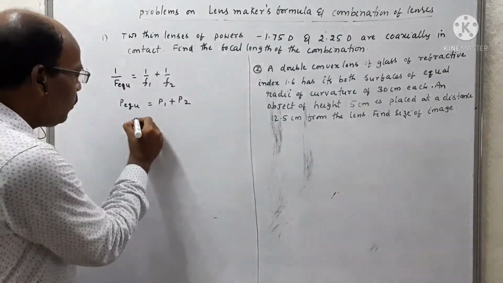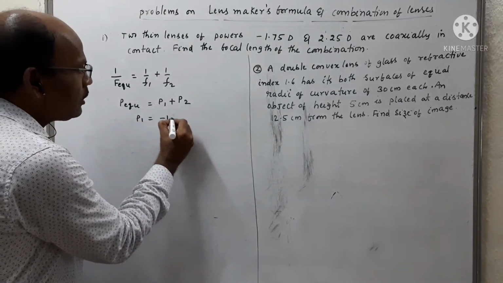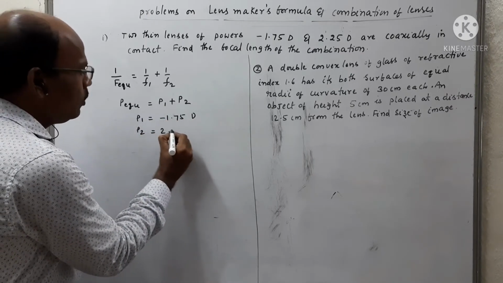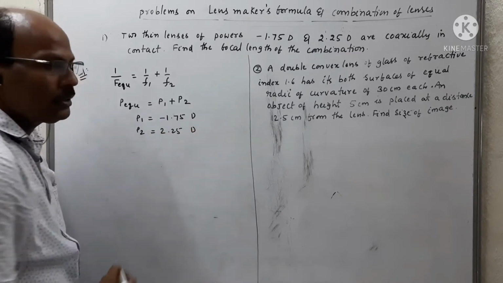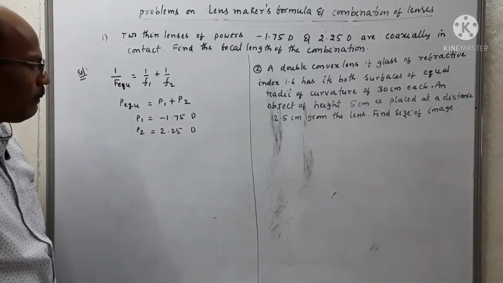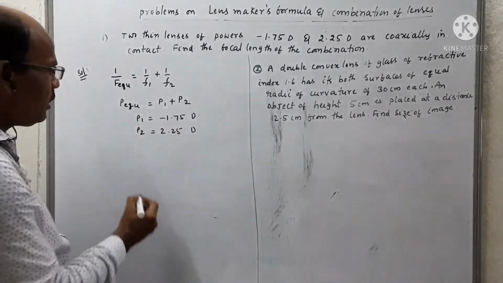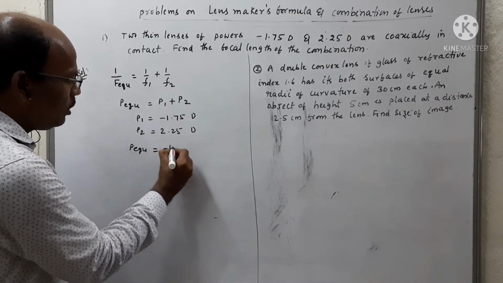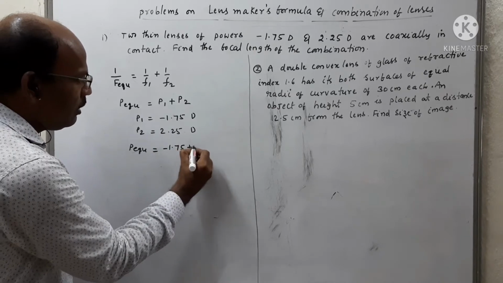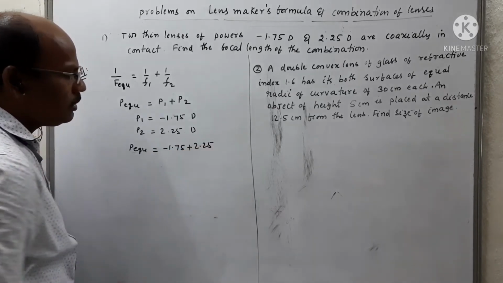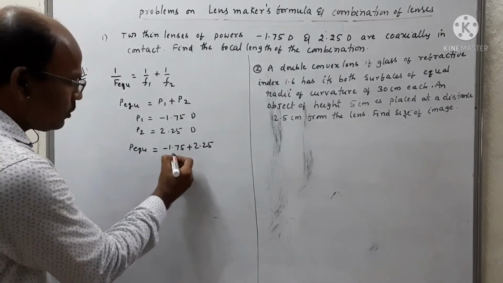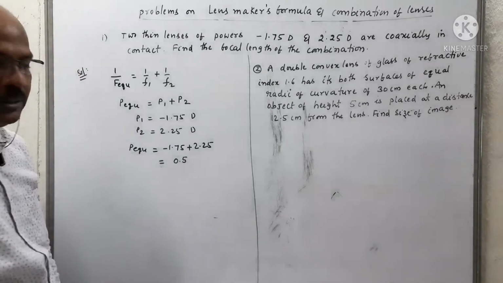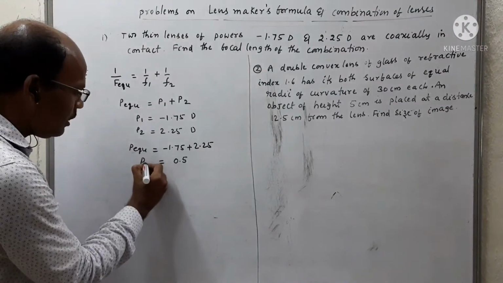P1 is given as minus 1.75 diopters, P2 is given as 2.25 diopters. So add these two, then we get 0.5 diopters. So this is P equivalent.